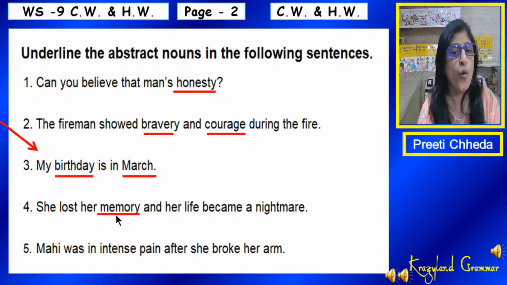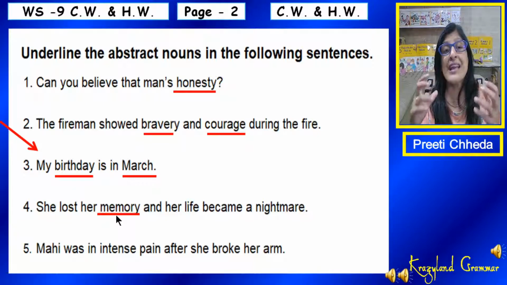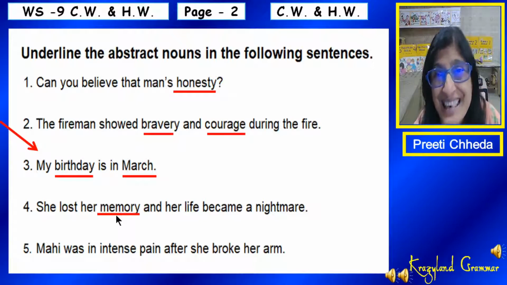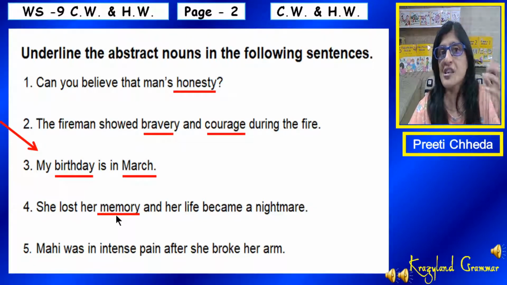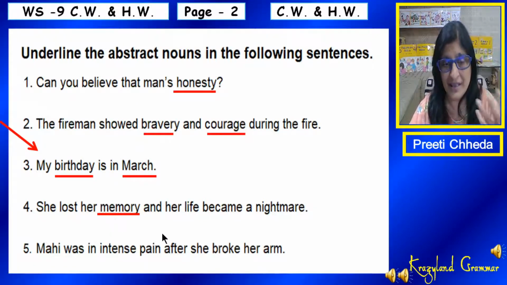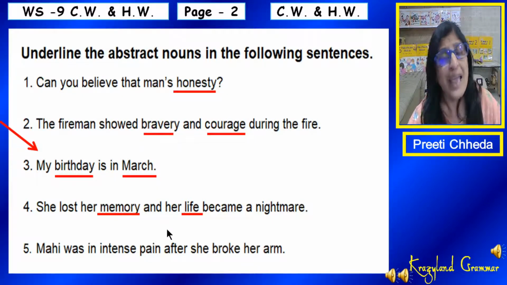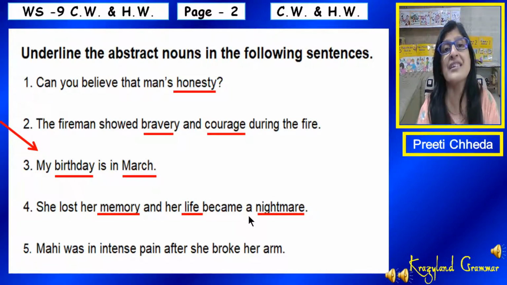And her, no. Life, yes. You cannot see, touch, smell, or physically feel it. It is an event of your life. So life is your abstract noun. Become, no. Nightmare, yes. Nightmare is a bad dream.